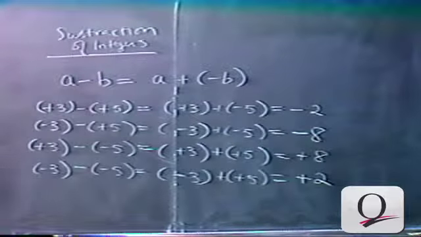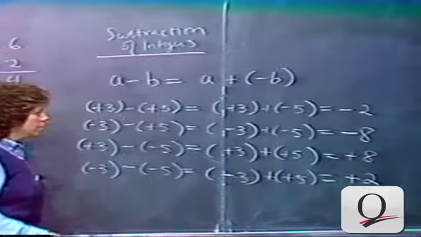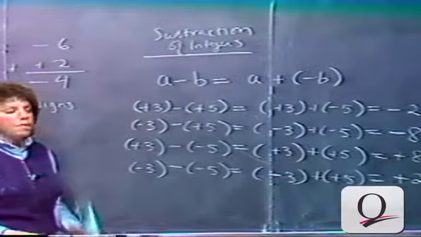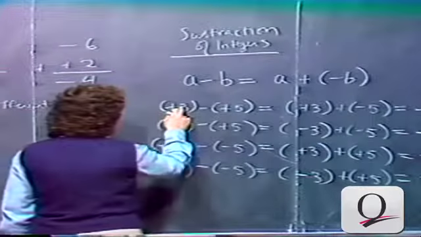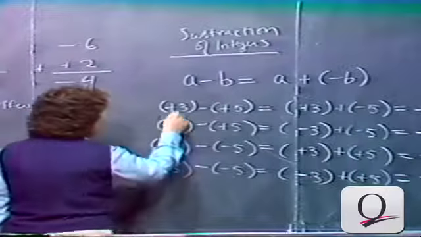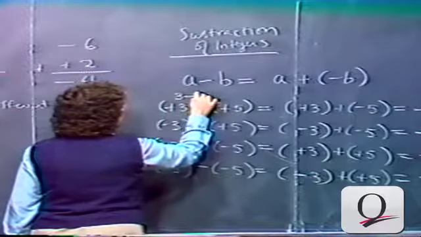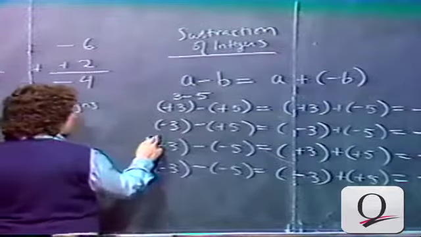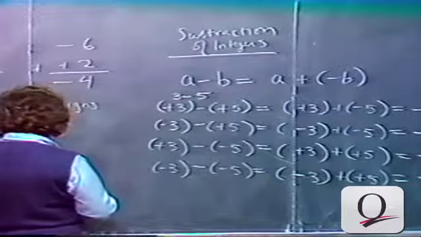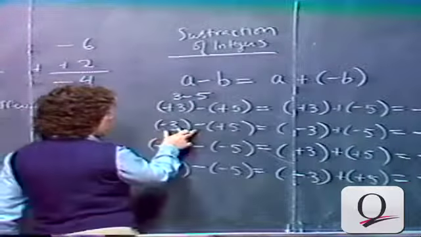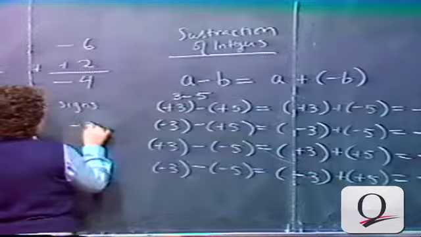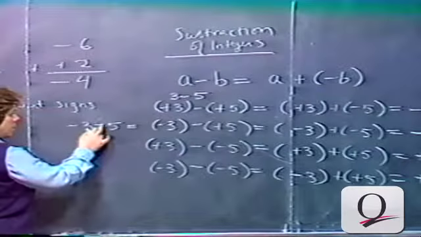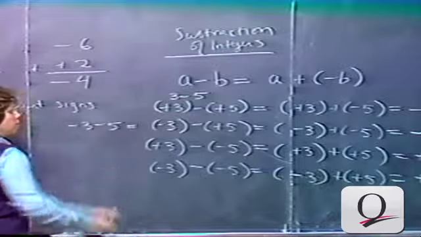Okay, now, so far I have been writing every number with a sign. Plus 3, minus 3, and so on. Very often we leave the signs out for the positive numbers. So, for example, if the problem said 3 minus 5, that would be the same as plus 3 take away a plus 5. Similarly, if I had minus 3 minus 5, this would tell me minus 3 and then take away a plus 5.